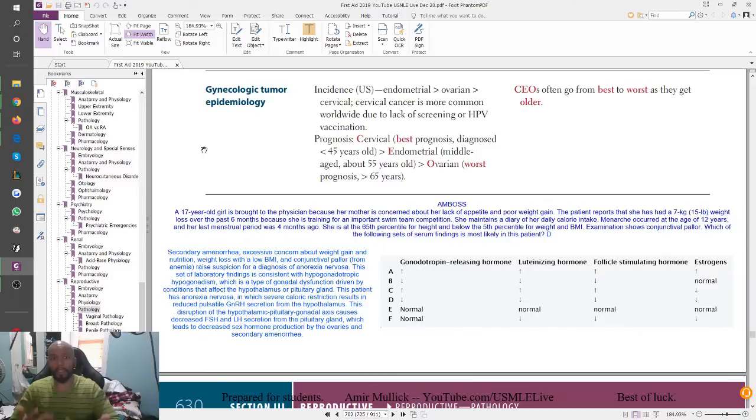So overall, what we're getting here is something you would have to knock out from your differential diagnosis. It could be that she's pregnant, right, because she hasn't had her period in 4 months. But what's more likely is that because of her athletic event that's coming up soon, she's just lost a lot of weight. She has no energy, and with the conjunctival pallor, she might even be anemic.